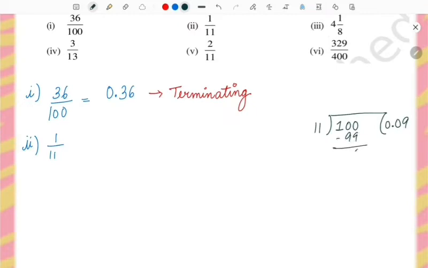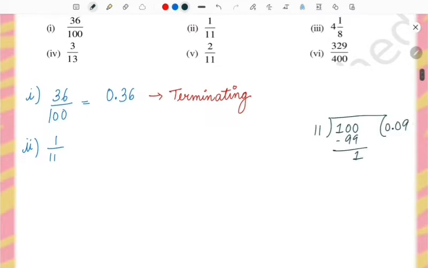The remainder would be 1. Right? 100 minus 99, the remainder would be 1. Then again you are going to put 0. One more 0 would be required. This is 100, and so we can see repetition in this one.